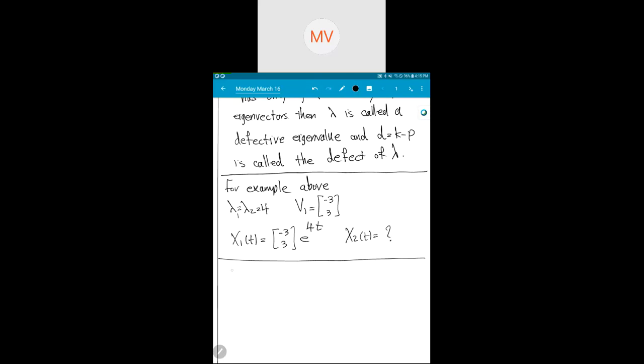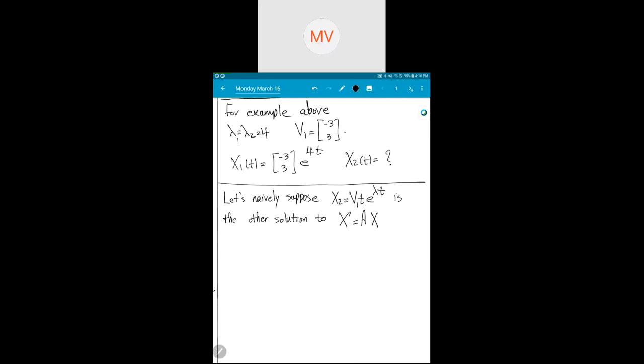So let's naively suppose the other solution is the v1 that we already found, simply multiplied by t e to the lambda t, and assume that's the solution to the system of equations that we started with.